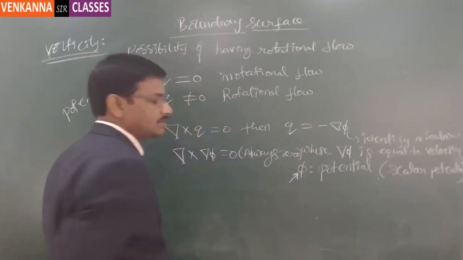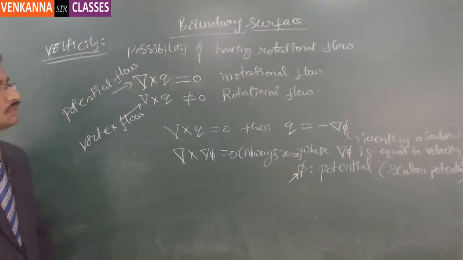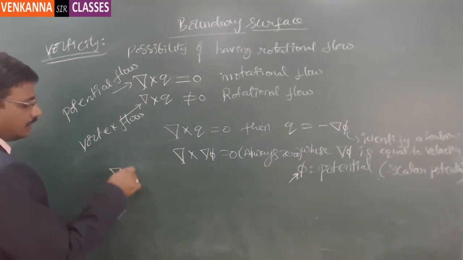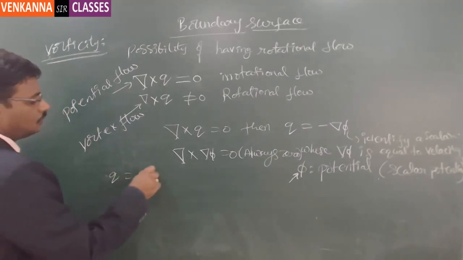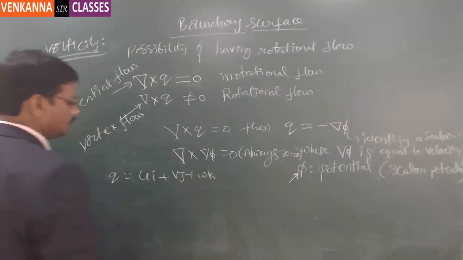That's what we call potential flow. But in case del cross q is not equal to 0, then we call that vortex flow. We know that q is equal to Ui plus Vj plus Wk.